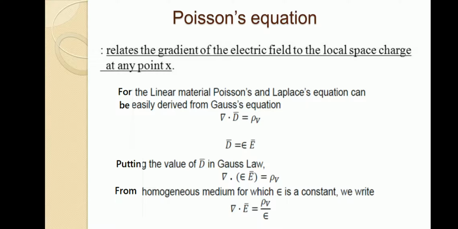D, the electric flux density, and the electric field intensity are related as D is equal to epsilon E, where epsilon is the permittivity of the medium. So we can replace D with epsilon E. Our equation becomes del dot epsilon E equal to rho V, or del dot E equal to rho V by epsilon.